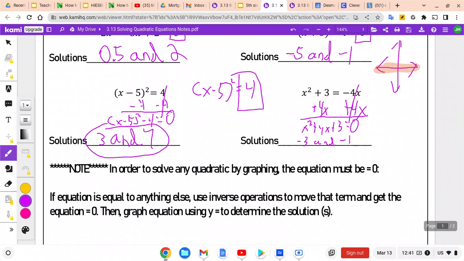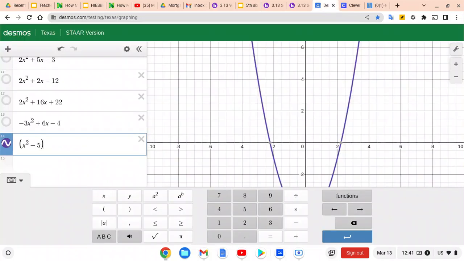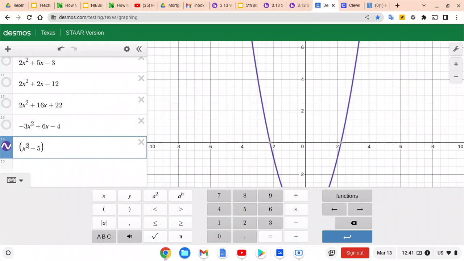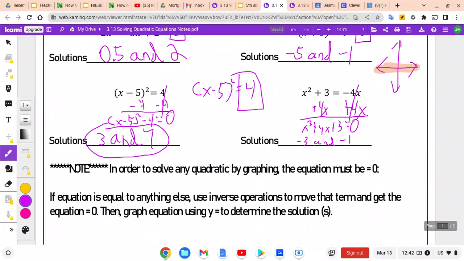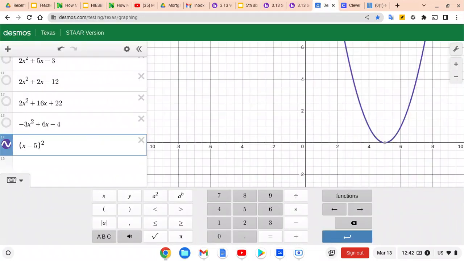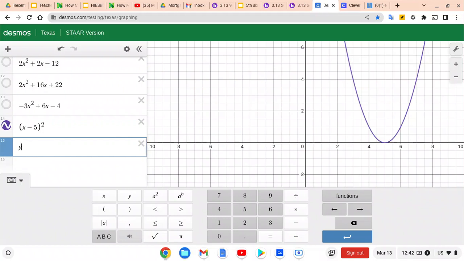So what that means is that in Desmos I can type, I'm sorry, I typed this in wrong. It's supposed to be x minus 5 squared. In case anybody was wondering, x minus 5 squared. And then you say y equals 4.